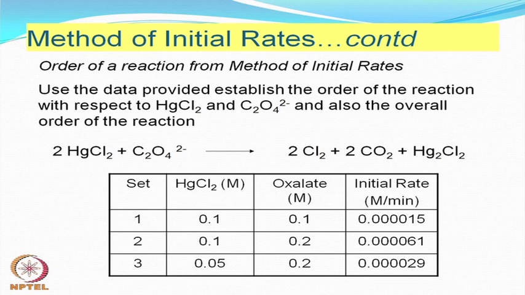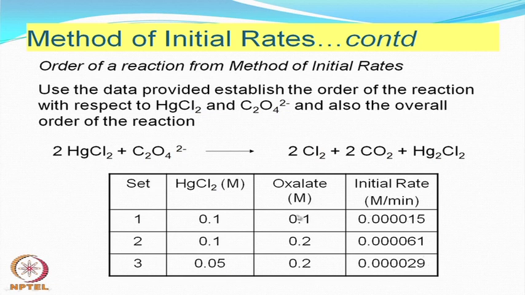Set 2: mercuric chloride is 0.1, oxalate is double of set 1, it is 0.2. The third set: mercuric chloride is 0.05 and oxalate is 0.2. The corresponding initial rate, that is the slope of the concentration versus time plot, is 4015 for set 1, 4061 for set 2, and 4029 for set 3.